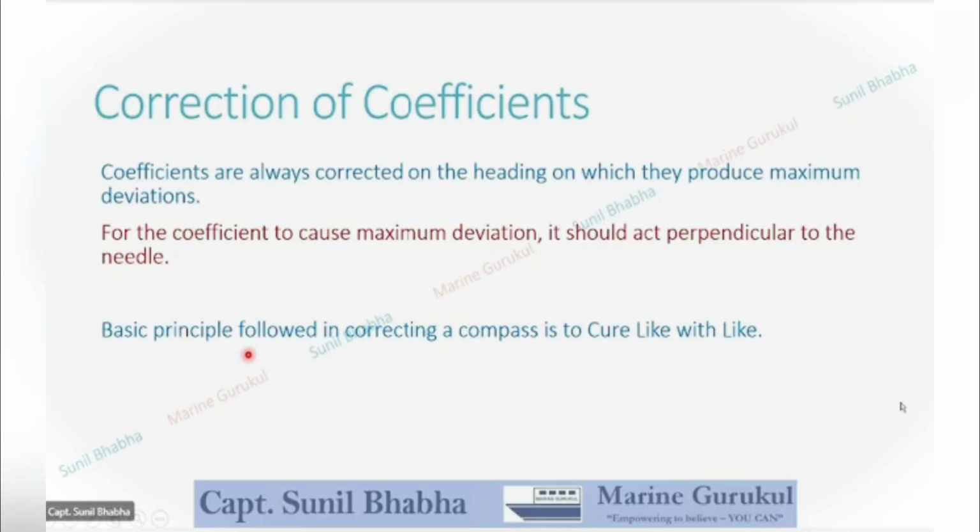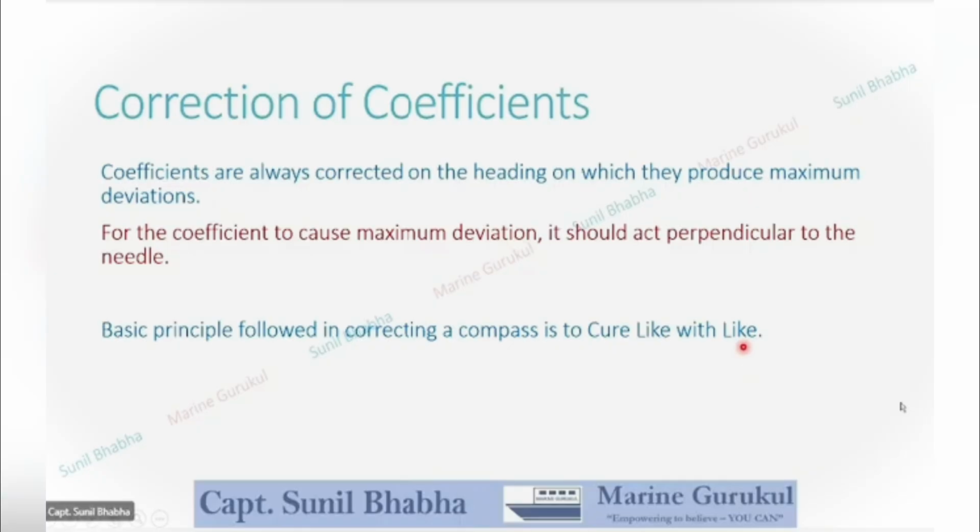Now the basic principle which is followed in correcting the compass is to cure like with like. Now what do we mean by curing like with like? It means permanent magnetism deviations are cured or corrected by using permanent magnets.